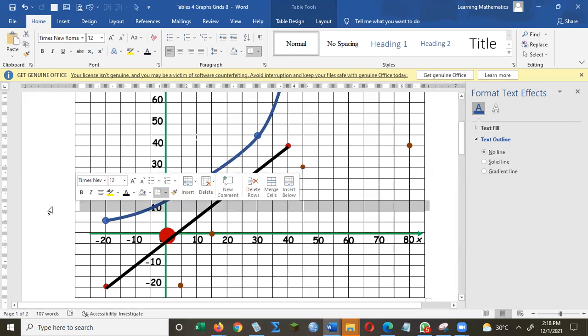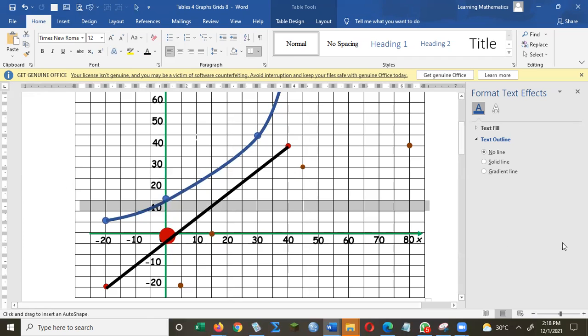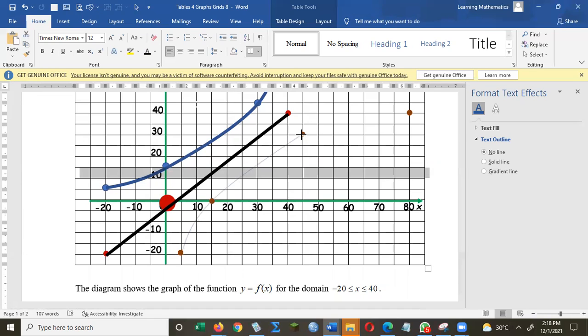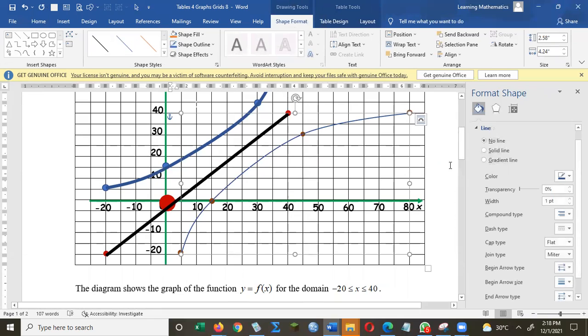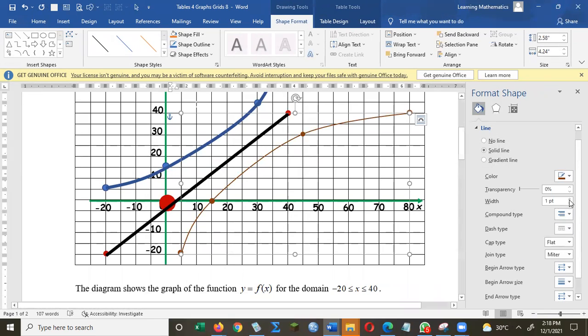That's what you do to draw the inverse function. So we start at 5, -20, 15, 0, 45, 30, and 80, 40. So here you have it. Let us just draw a curve so that it shows a reflection.